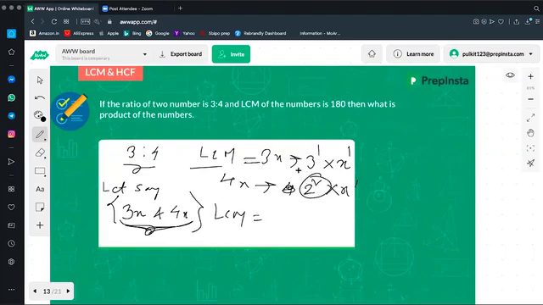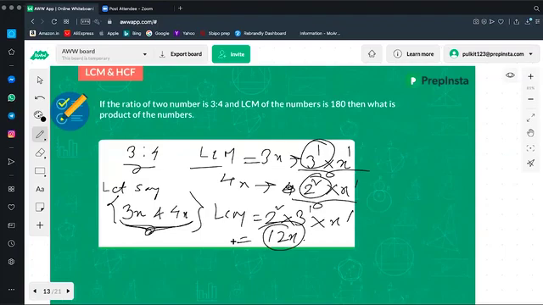What is the maximum power of 2 in these two numbers? 2 square. Maximum power of 3 is 3 raised to the power 1, and maximum power of x is x to the power 1. So the answer is 12x.